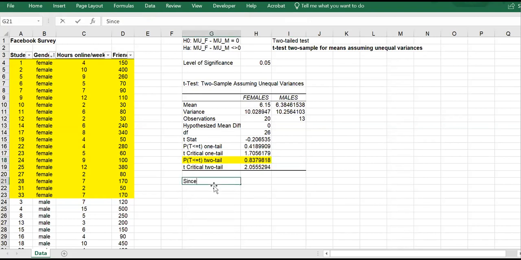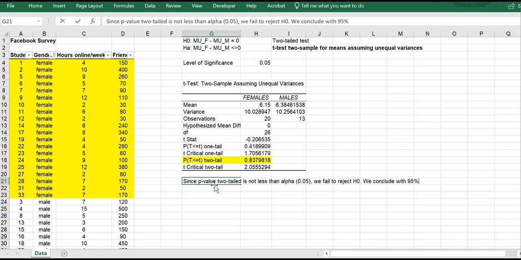Since the p-value two-tailed is not less than alpha, or is greater than alpha, we fail to reject the null hypothesis.